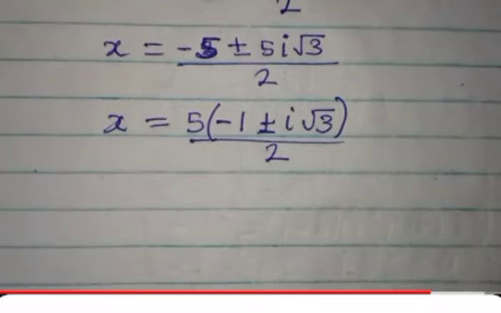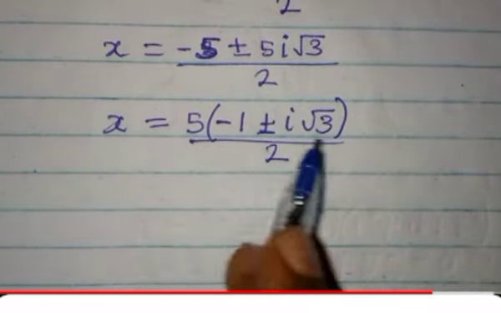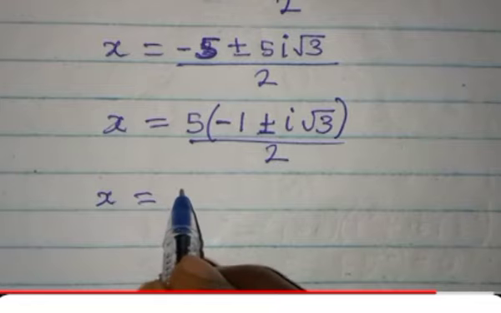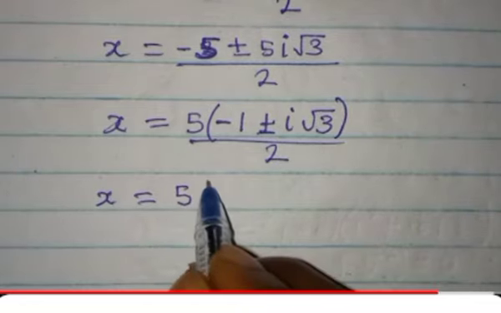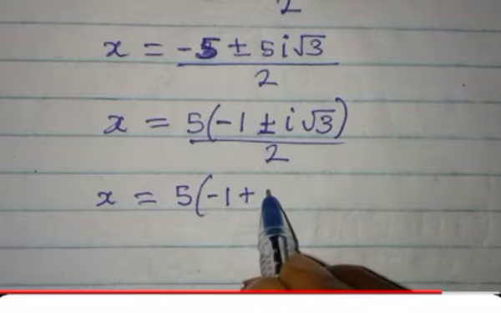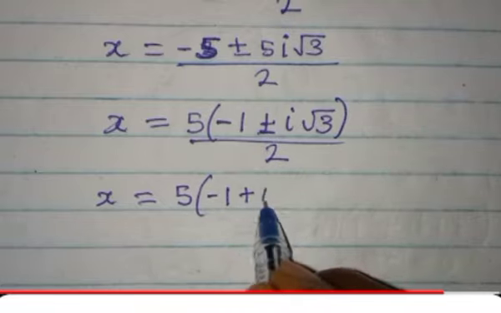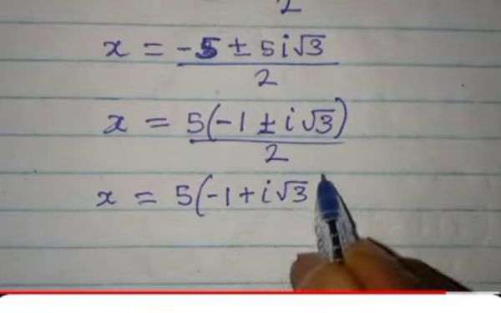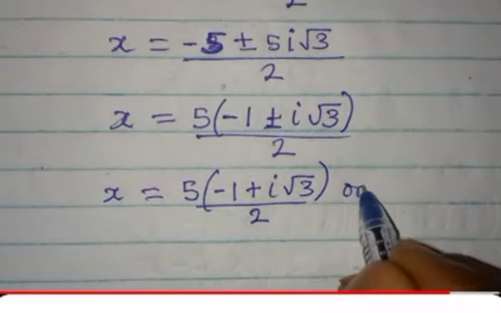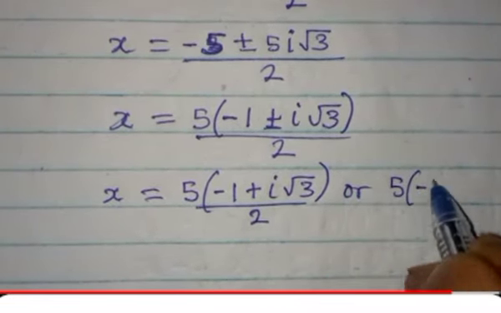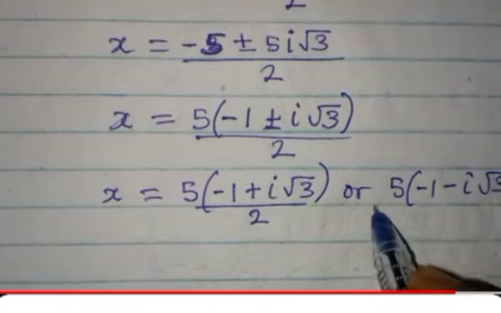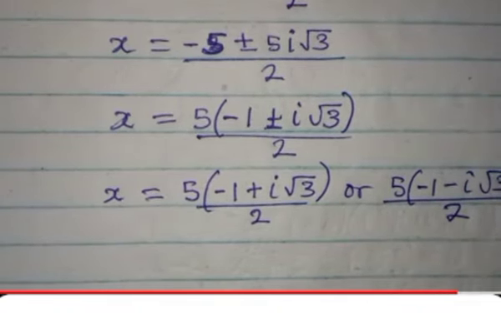But note that this is a 2-in-1 solution. So our x is equal to 5 into bracket -1 plus i root 3, all over 2, or we have 5 into -1 minus i root 3, everything over 2.